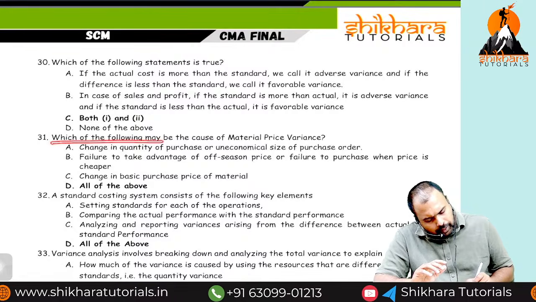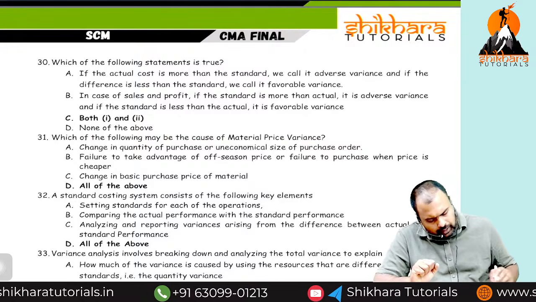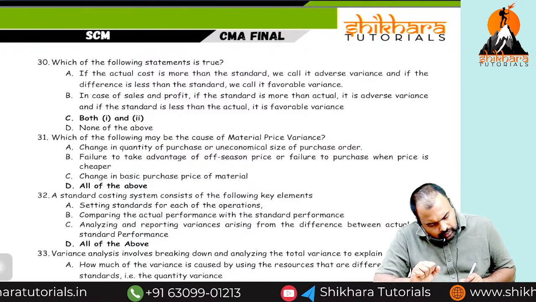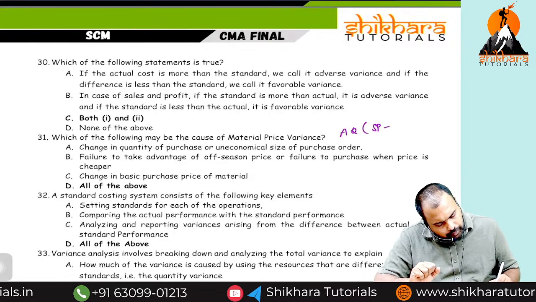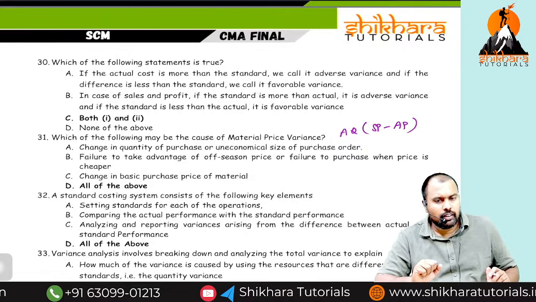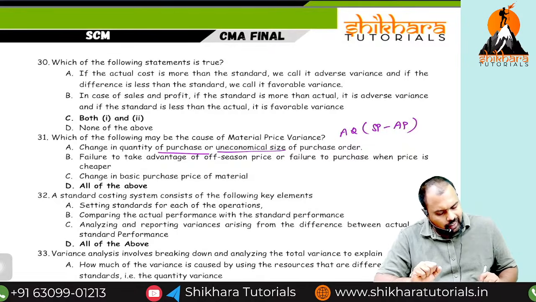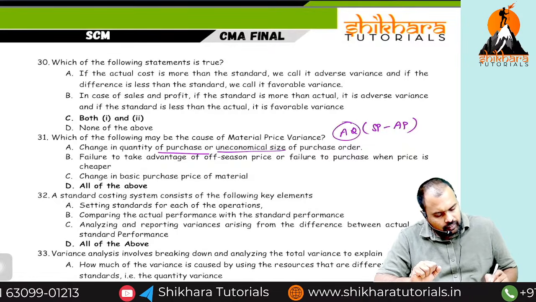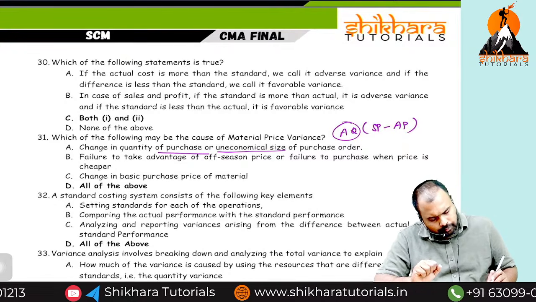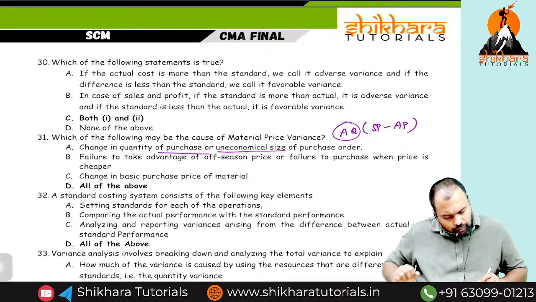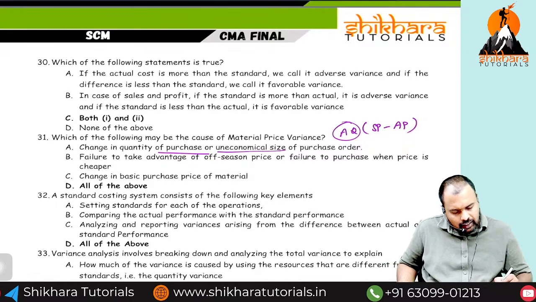Then, which of the following may be the cause of material price variance? What are the causes of material price variance? Sir, what is the material price variance formula? Actual quantity into standard price minus actual price. These three can change the price variance. Change in quantity of purchase and uneconomical size of purchase order: yes, definitely, if the size of purchase order is uneconomical, AP changes. Got it? Okay. Now, failure to take advantage of off-season price, or failure to purchase when the price is cheaper, then AP is impacted.